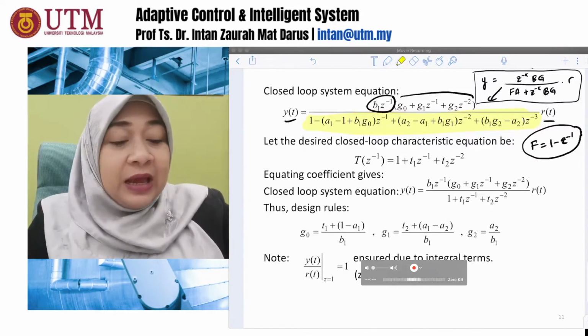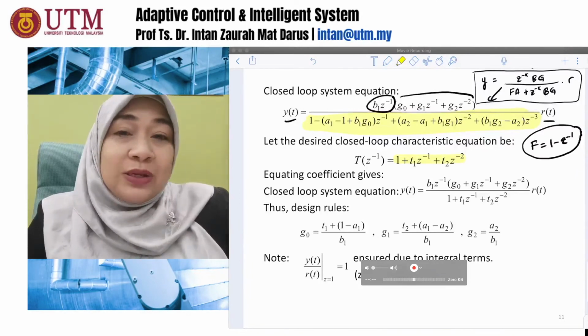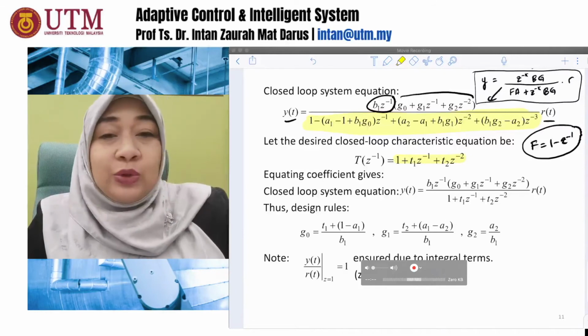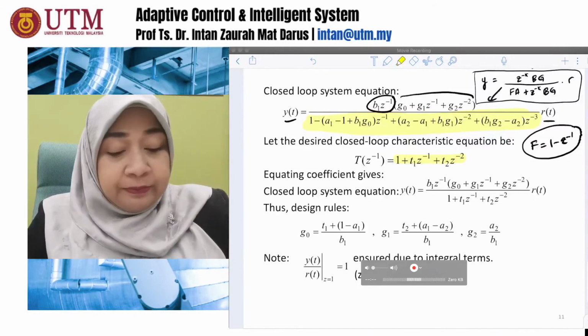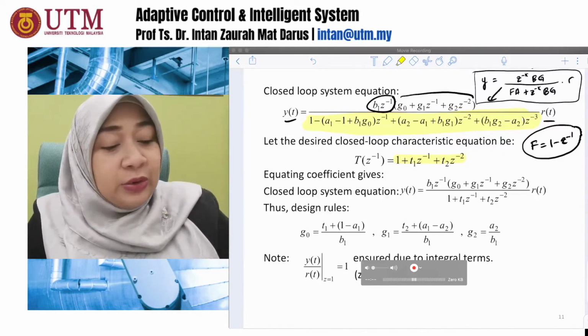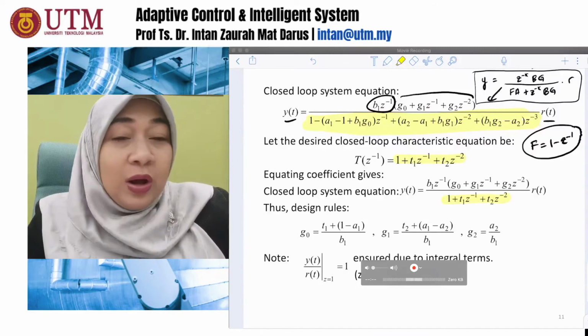So in this case, I'm going to assign it with this pole here, which is 1 plus t1 z minus 1 plus t2 z minus 2. So these t1 and t2 are my stable poles, okay? So if we put that into our closed loop system equation, you can see that the denominator is straight away converted into our stable poles.